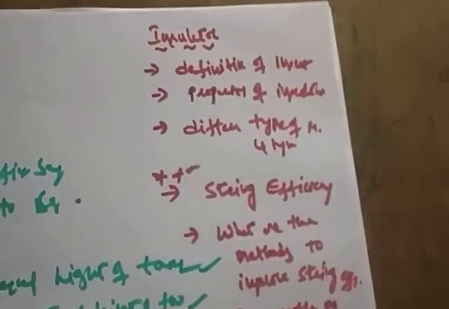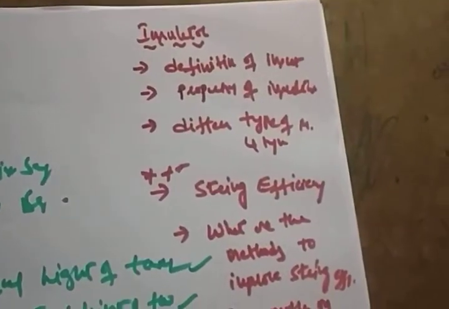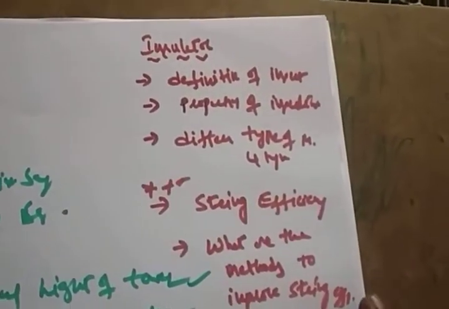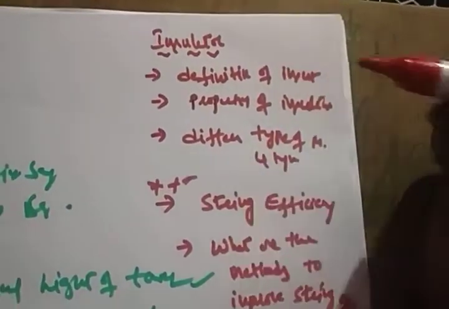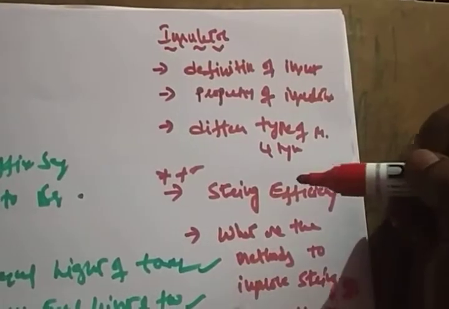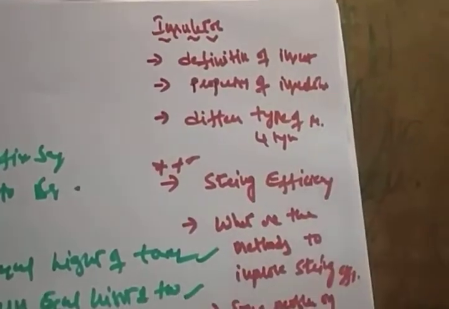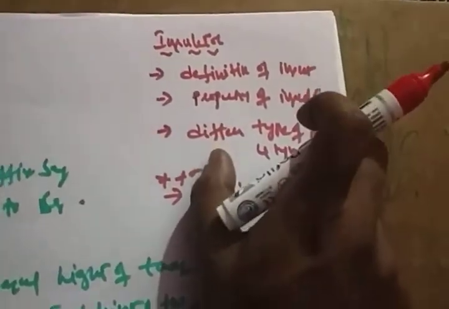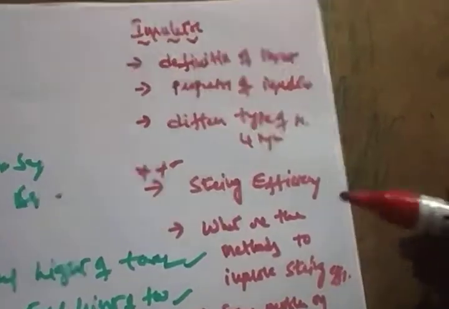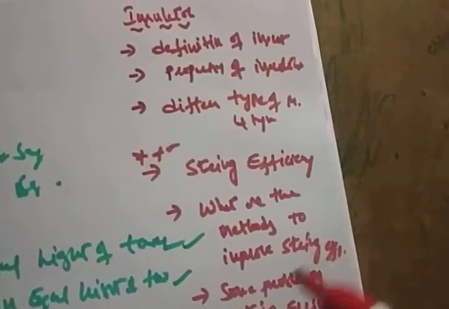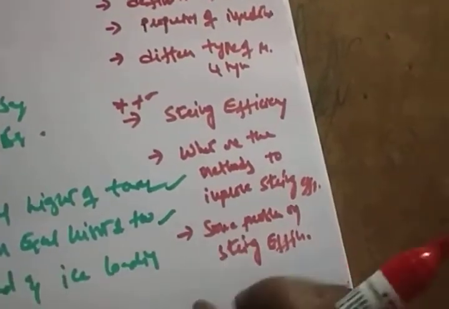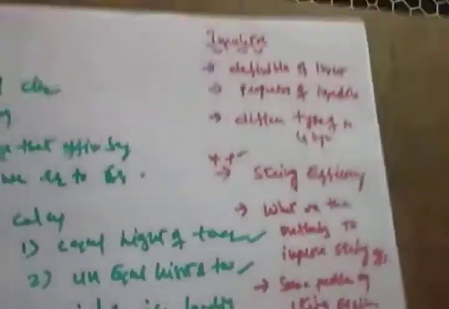So we are going to discuss the definition of insulator, the properties of insulator, different types of insulators, which also need sketches, what is the string efficiency and the methods to improve it, and after that some problems. These are the things we are going to discuss in my following e-lectures.